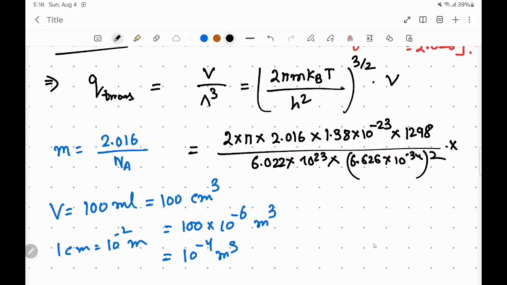So now you just have to calculate this value.